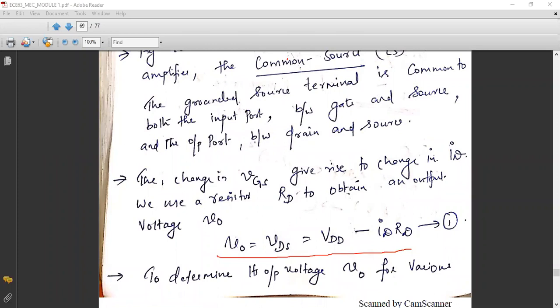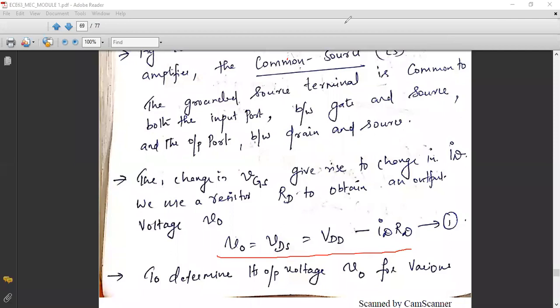Now we are going to determine the output voltage V0 for the corresponding variations in the input voltage. As per our analysis, we are giving an AC input because we have to deal with an amplifier. So we are going to give an analog input to the gate terminal. Your input is continuously varying with respect to time, so for instantaneous variations in your input Vi, we have to track the corresponding variations in V0.